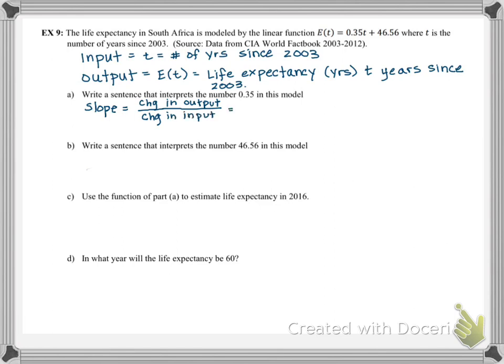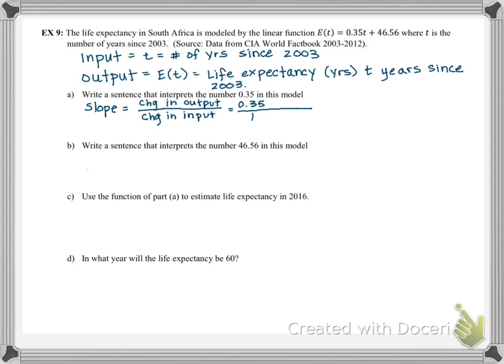So if we take this 0.35 and just write it kind of like a fraction, so 0.35 over 1, then I can start just matching units. So in the numerator, that's the change in the output. So my output is measured in years, right? This one's a little tricky because the input and output are both measured in years, right?